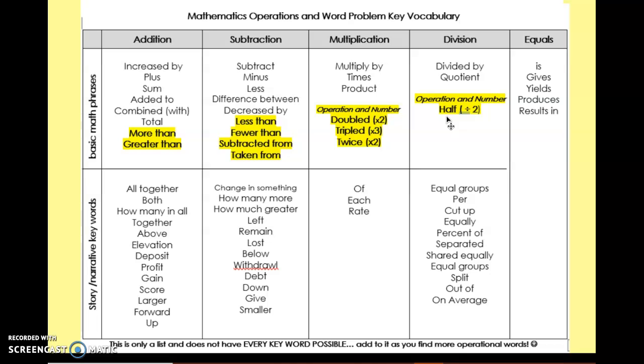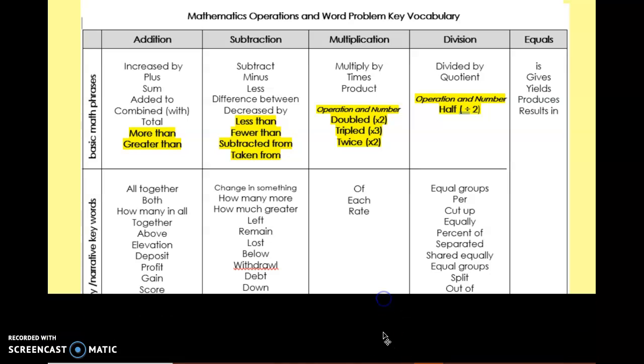Not only does it mean addition, but it may imply that we switch the order of our terms. There are also words like doubled, if we move over to the multiplication chart. Doubled has an implied number and operation. We know we are to multiply, but we also know double means the value of 2. So when you see the word double, you're multiplying by 2. It implies an operation and a number.